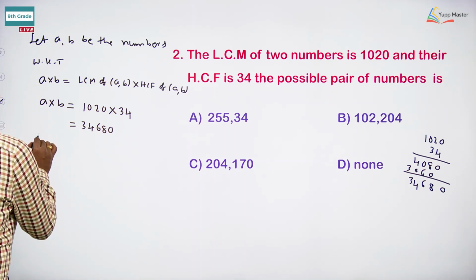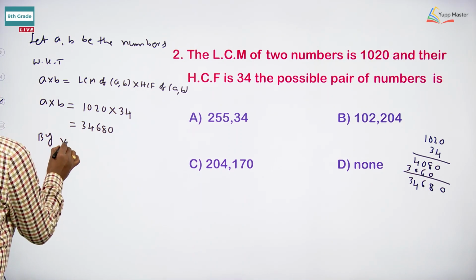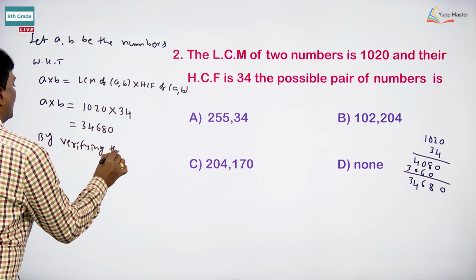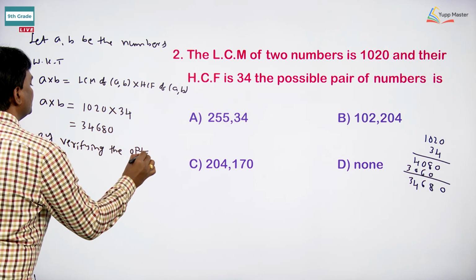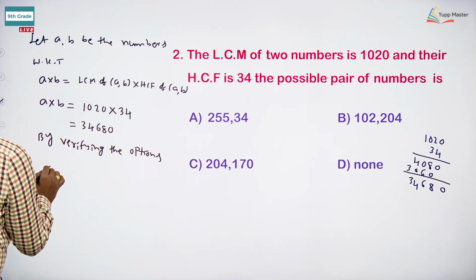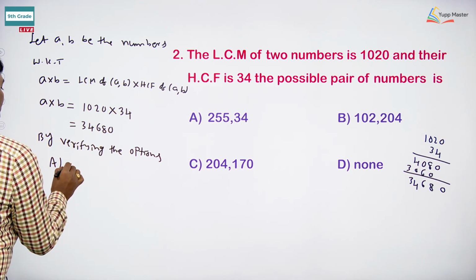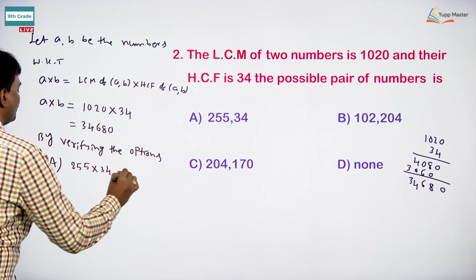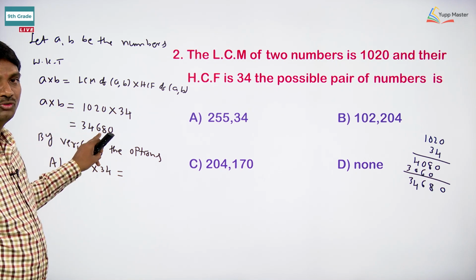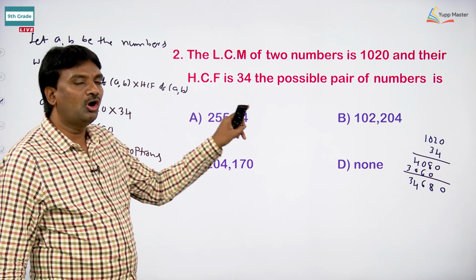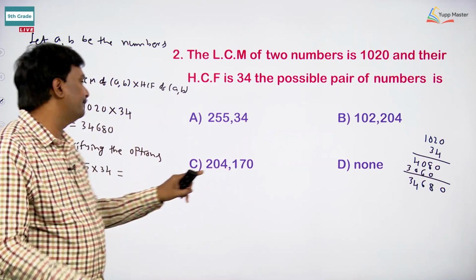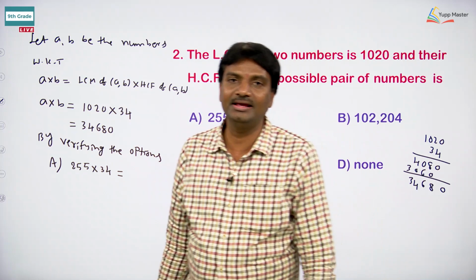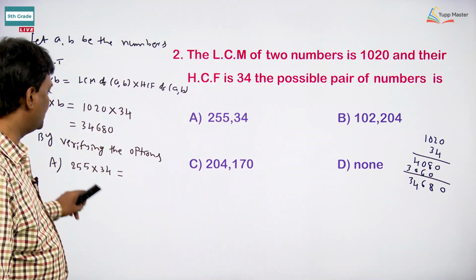For A into B, you must get 34,680. For whichever option the product of the two numbers is 34,680, that option can be taken as correct. So let us try.